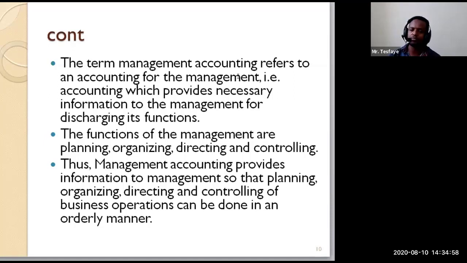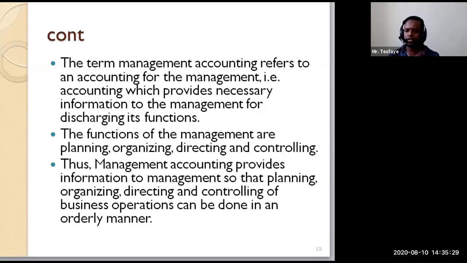So this management accounting will help the management in doing its main activities, in the planning process, in organizing, in directing. We need to have information about what we are making decisions on.